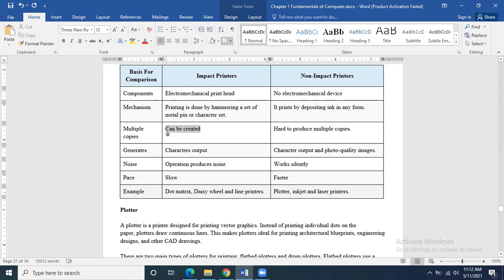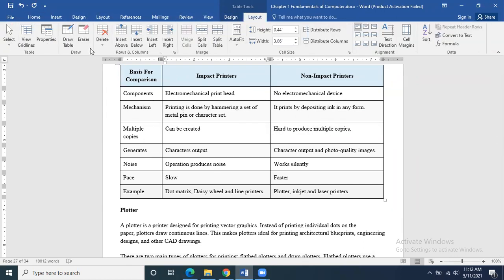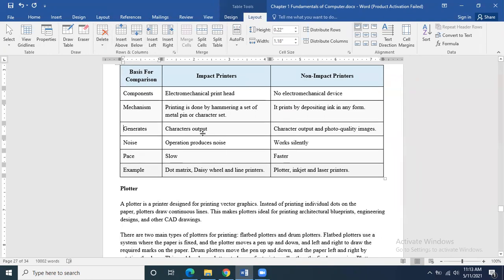It is difficult to create multiple copies in impact printers. But in non-impact printers, it is quite easy to create multiple copies of a print. So this is basically a point which is common. We can create copies in both, so I think we should remove this point. I think this point is not good to differentiate.